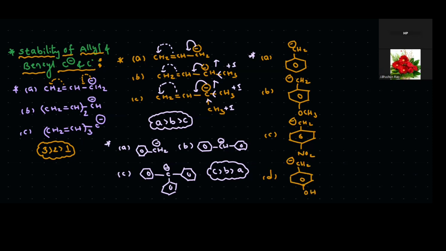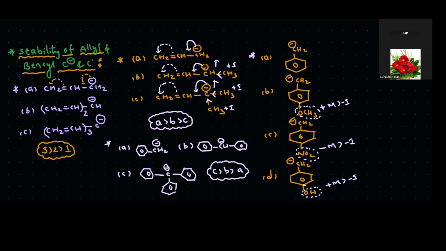In these four compounds, which one is more stable? How do we identify that? Here an OCH3 group is attached to the para position; the plus M effect always dominates more than the minus I. Next, an NO2 group is attached to the para position; here minus M dominates more than the minus I. Next, an OH group is attached to the para position; again plus M influences more than the minus I. Here there is no group present. Among plus M and minus M, which one withdraws electrons?